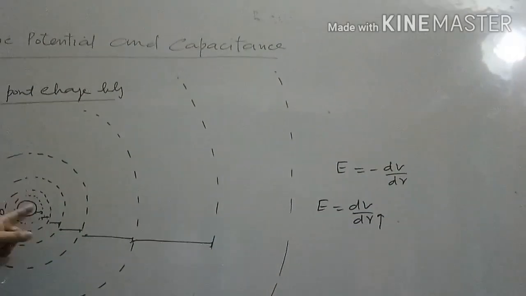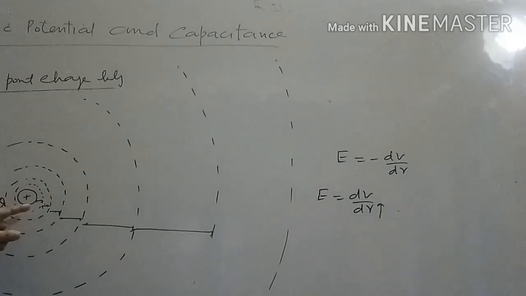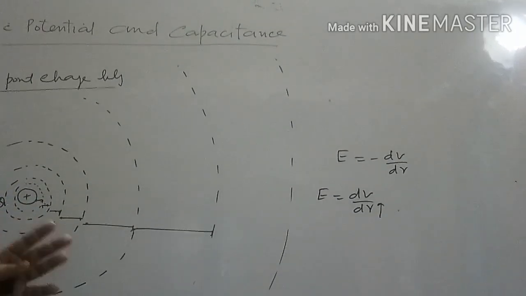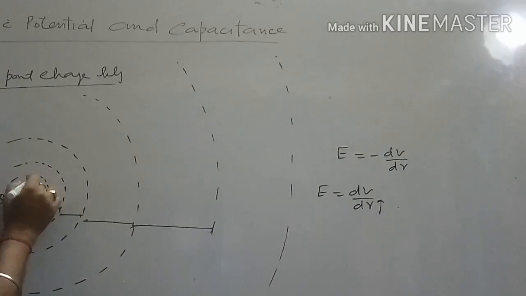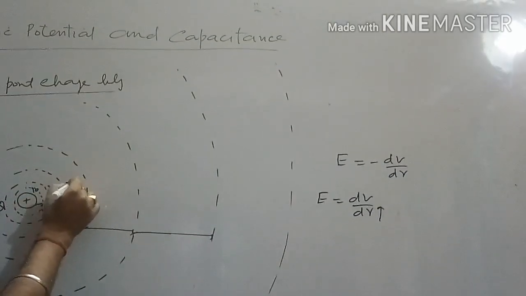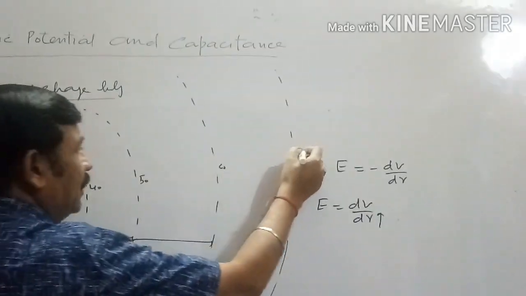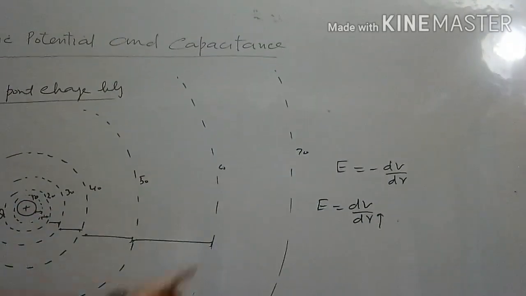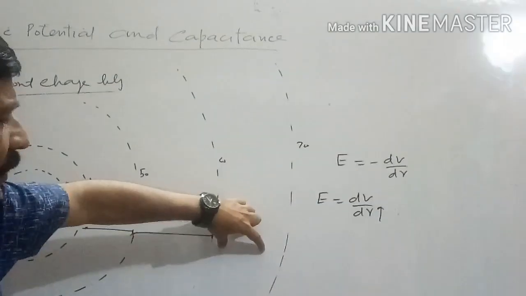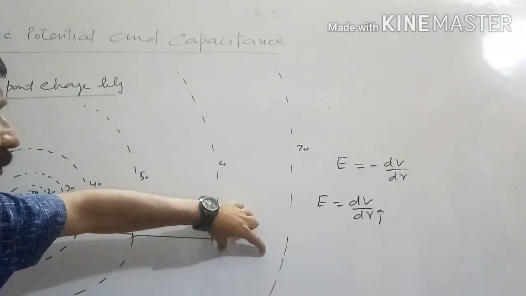If we take potential surfaces of equal value steps, it is 10 volt, 20 volt, 30 volt, 40 volt, 50 volt, 60 volt, 70 volt. So for this, 70 minus 60 divided by this distance will be the intensity.